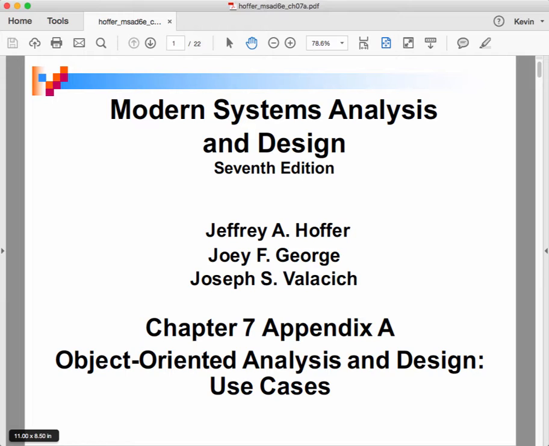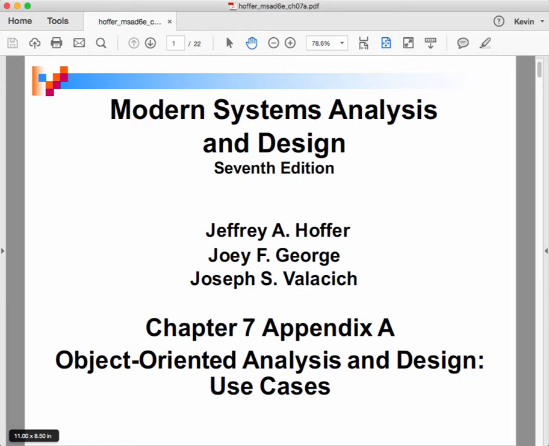Okay, so here we are. We're on use cases, and the thing we did right before this was context diagrams. And these are two different approaches to documenting the requirements in the course of systems analysis work.